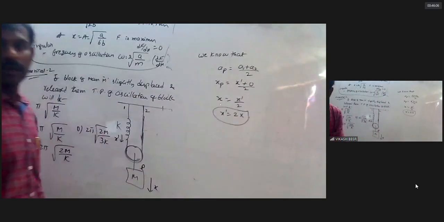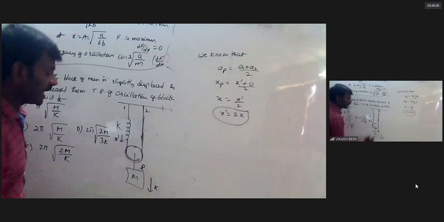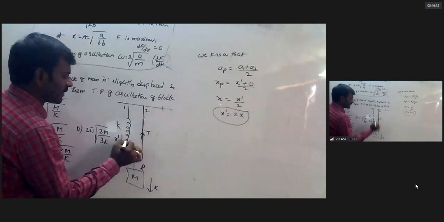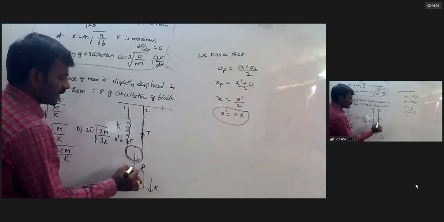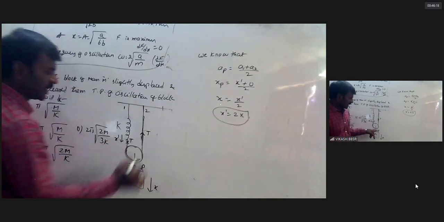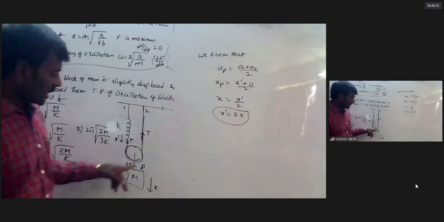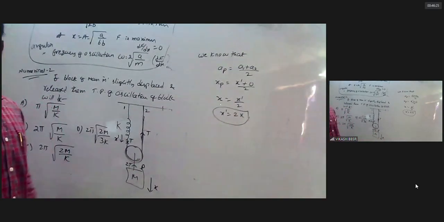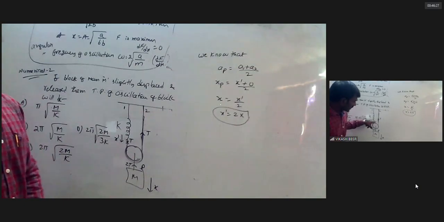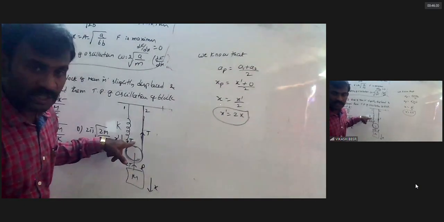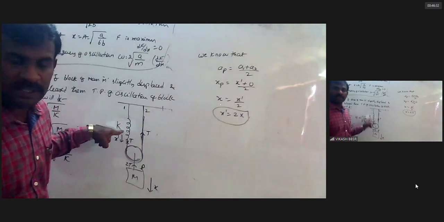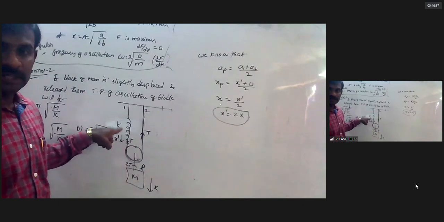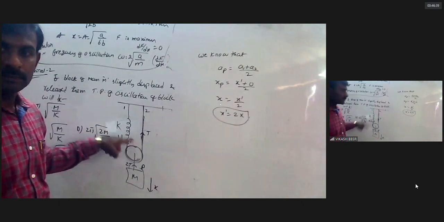Why is this required? Listen, all of you. For example, here the tension is T, this one also T, but here it is 2T. Now we can use the principles step by step. This tension should develop the restoring force in the spring.